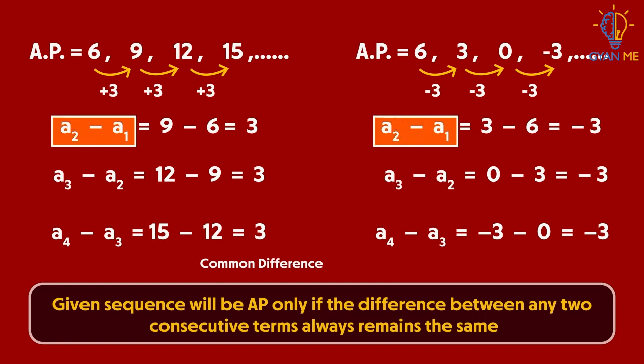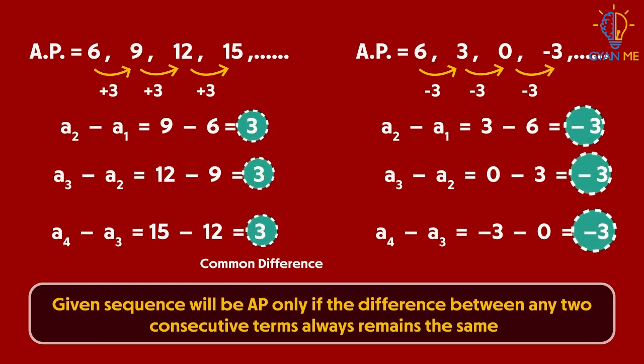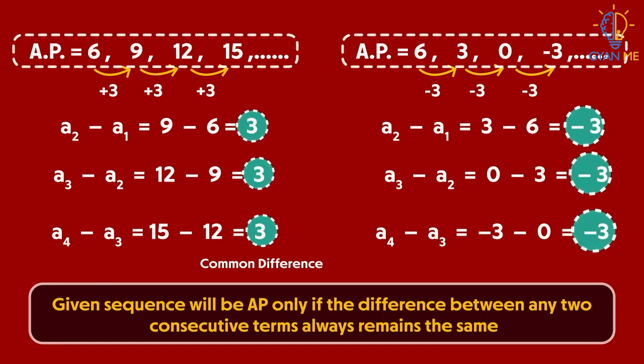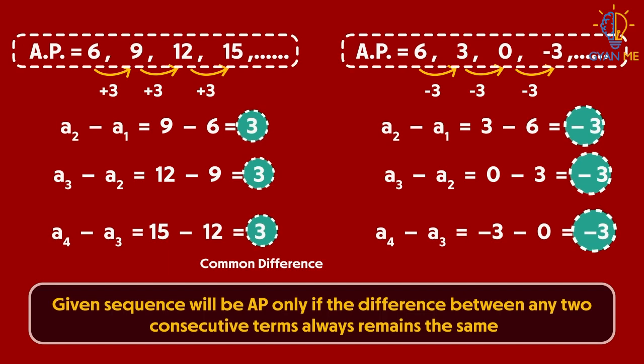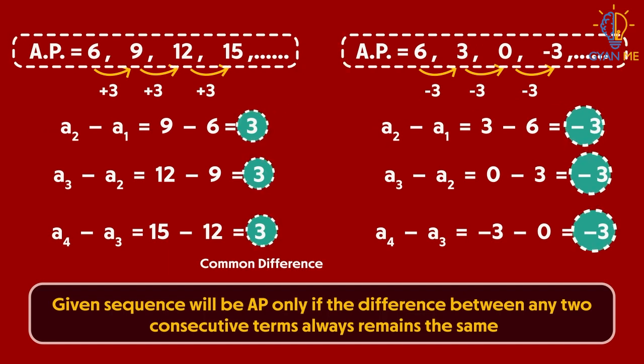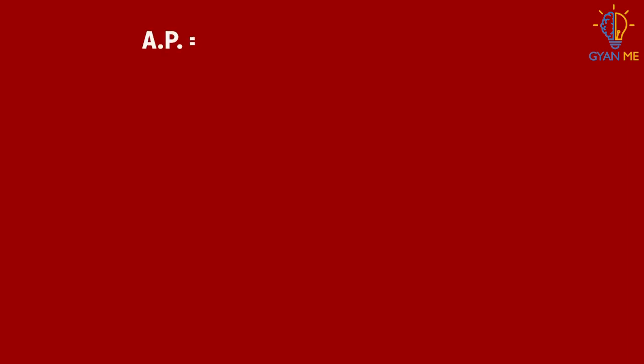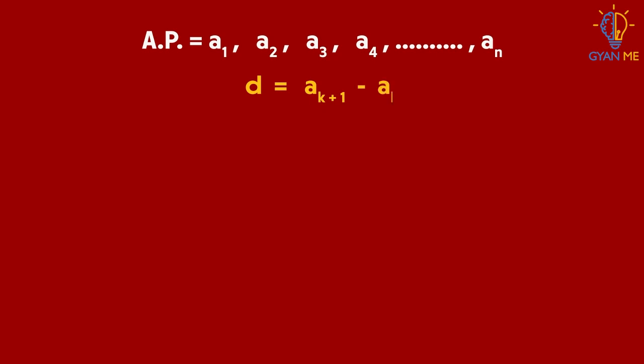And why so? You already know that the common difference D remains constant for the whole AP, and so we don't have to find out differences between all the consecutive terms. In general, for an AP whose terms are A1, A2, A3 and so on till the nth term, say An, D is equal to A(k+1) minus A(k).